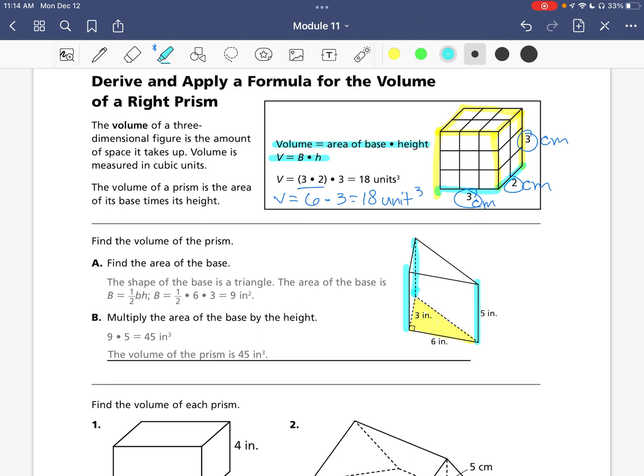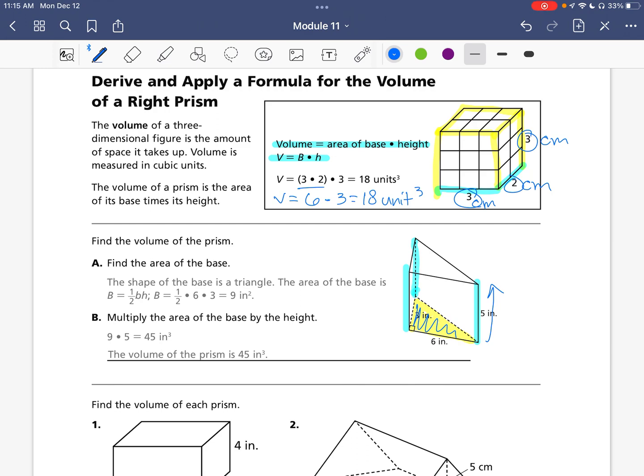So essentially what they're doing to help you visualize this, you have the area of your base here, and you're just doing layers of it. And if you were to turn these all into cubes, you'd be adding up all of those layers. So you're taking the area of your base and then multiplying by how many inches up it is.